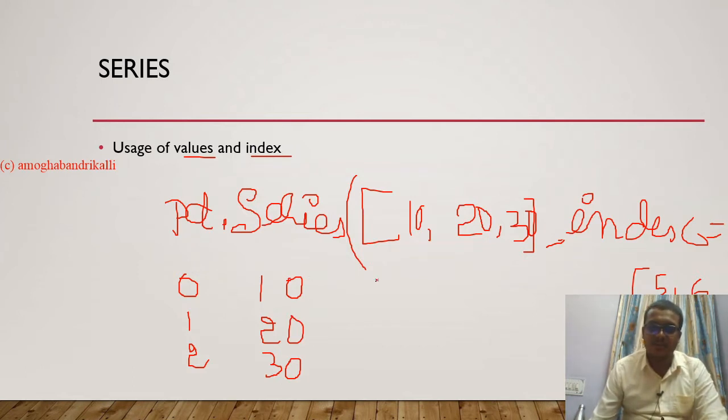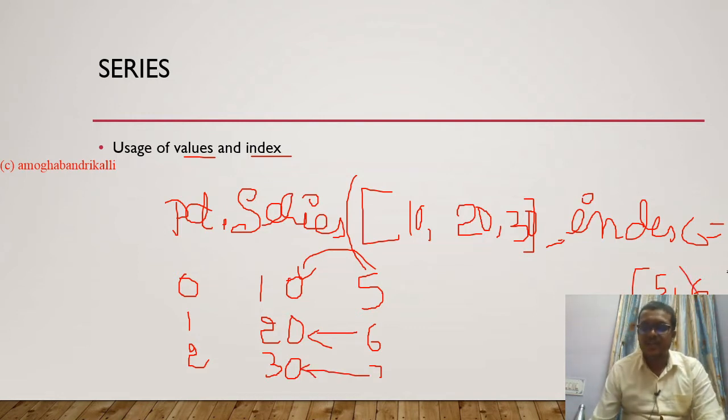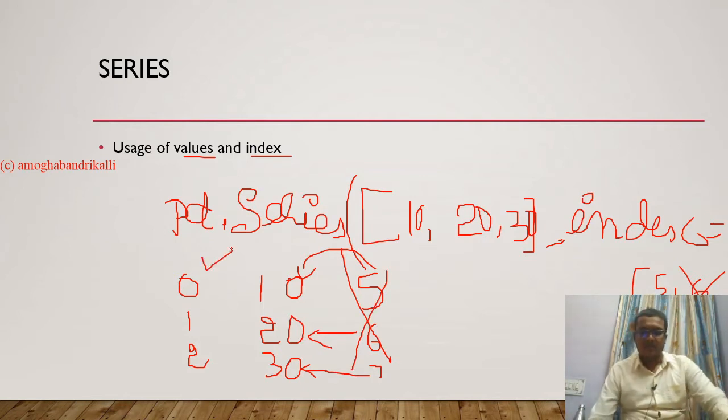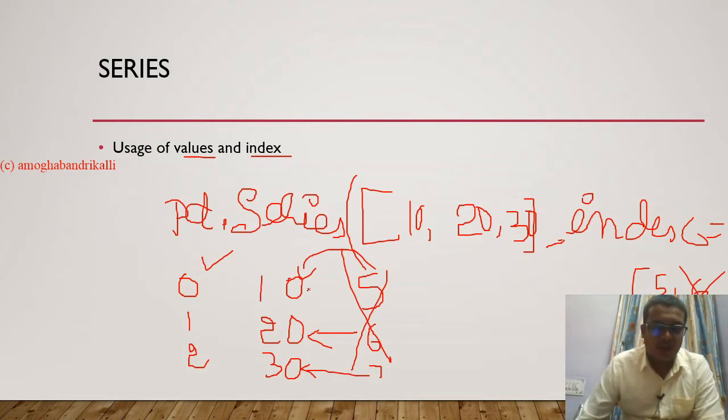If the index is provided, you can have the values like this: for 5th position the value 10, 6th position the value 20, 7th position 30. If the index is not given, this will not happen; the default version happens. So this is how indexes work. The index is here, this is the index and this is the values. You can see what the values are. Values is this one.